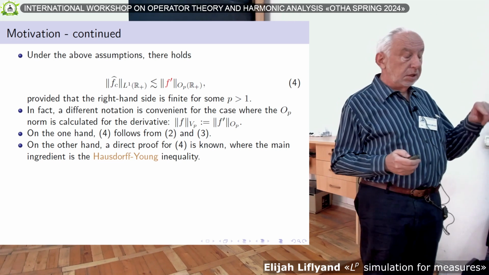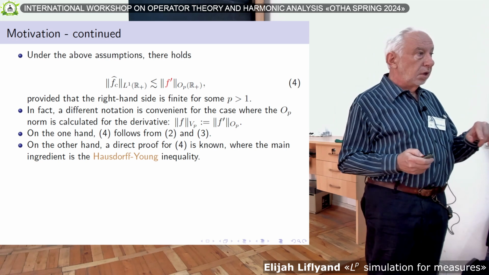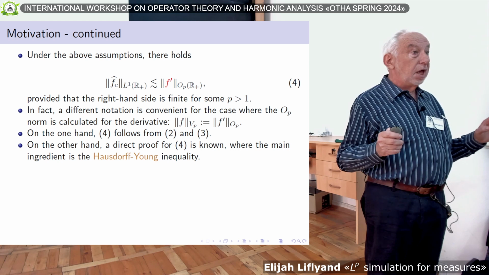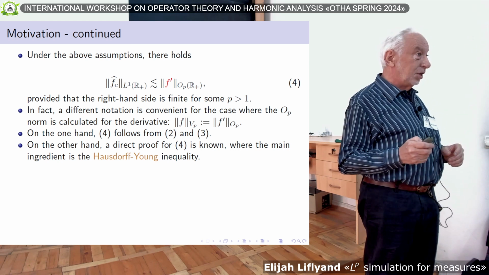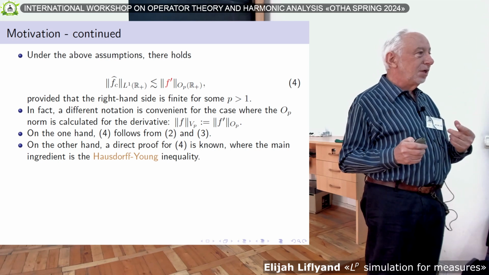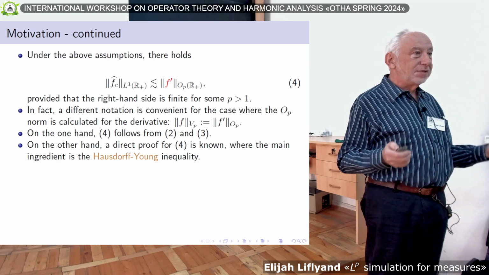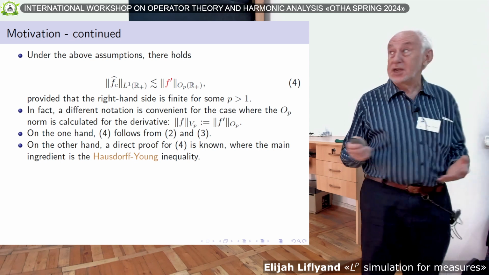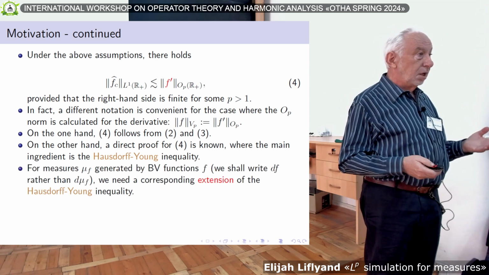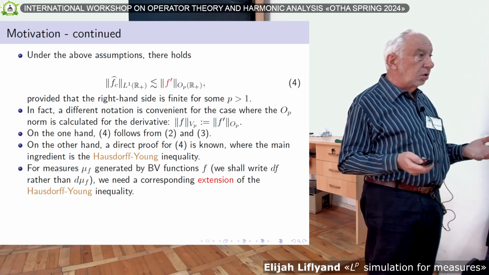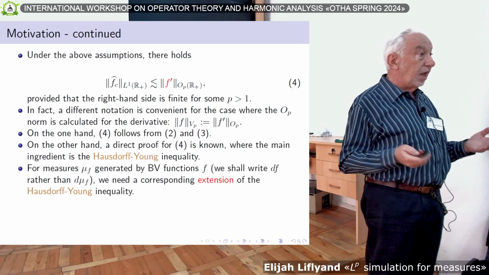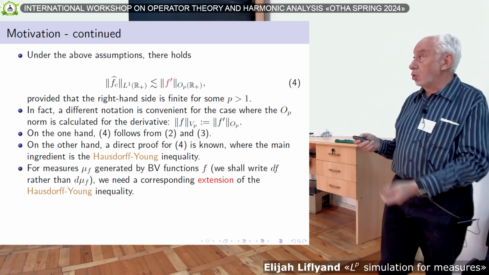But this direct proof inevitably uses the Hausdorff-Young inequality. And here is the point where we meet the need to have some additional harmonic analysis for measures. We must have an analog of the Hausdorff-Young inequality, at least this.